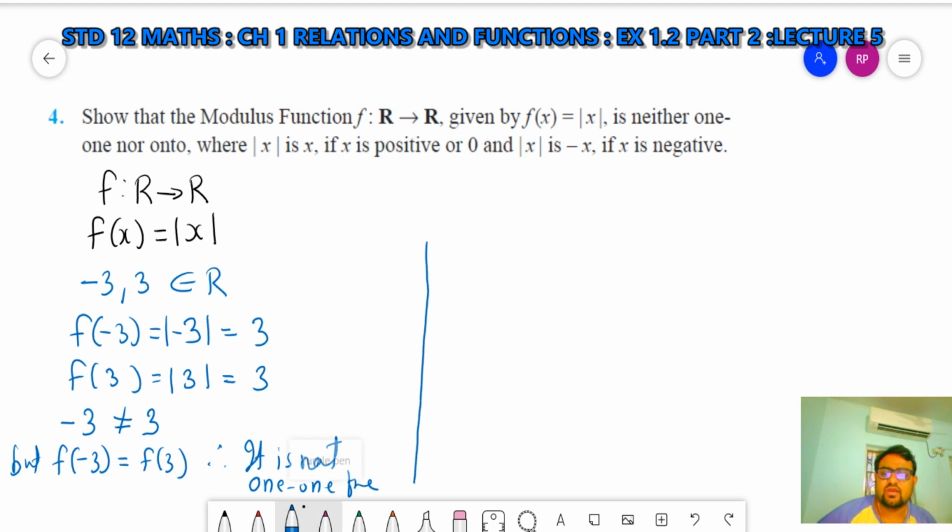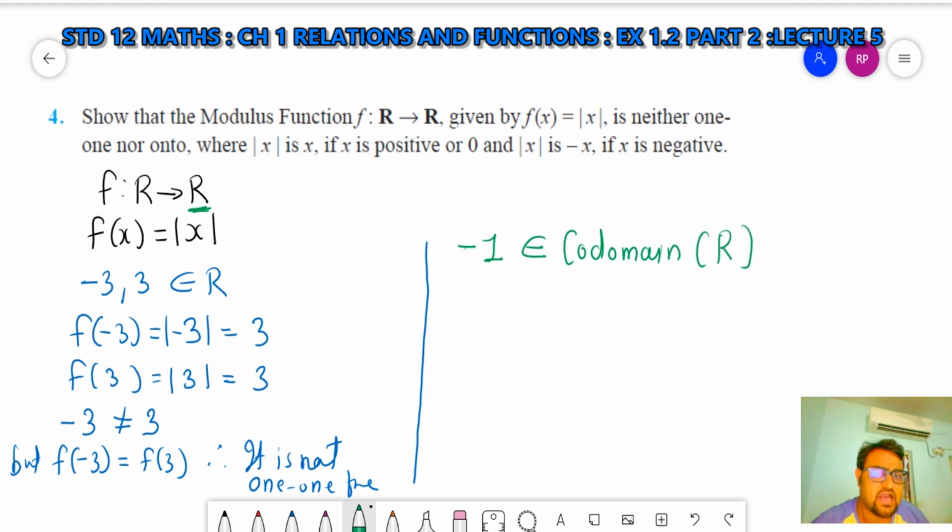Clear? Now let's see for onto. You already have to prove it is not onto. Now see, when you take modulus, your answer will always be positive. If you take 0, your answer will be 0. Apart from 0, if you take any value, either negative or positive, its modulus value will always be positive. But here the codomain is R, meaning minus 1 belongs to the codomain.